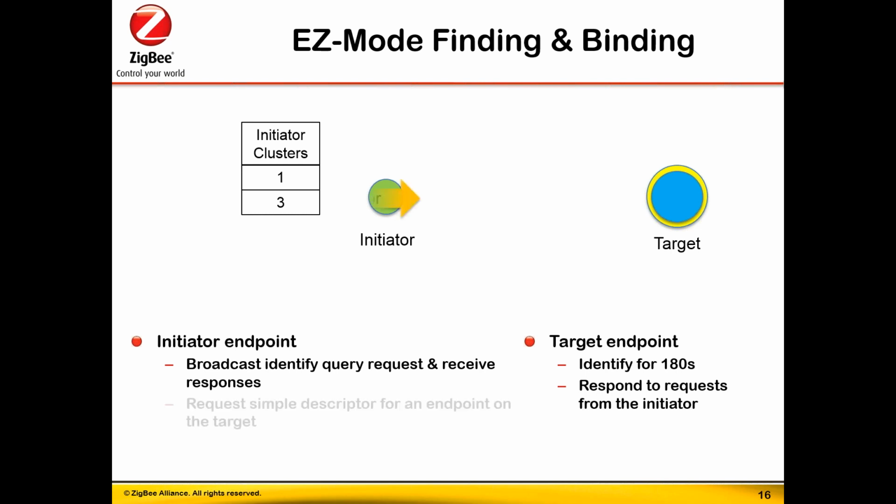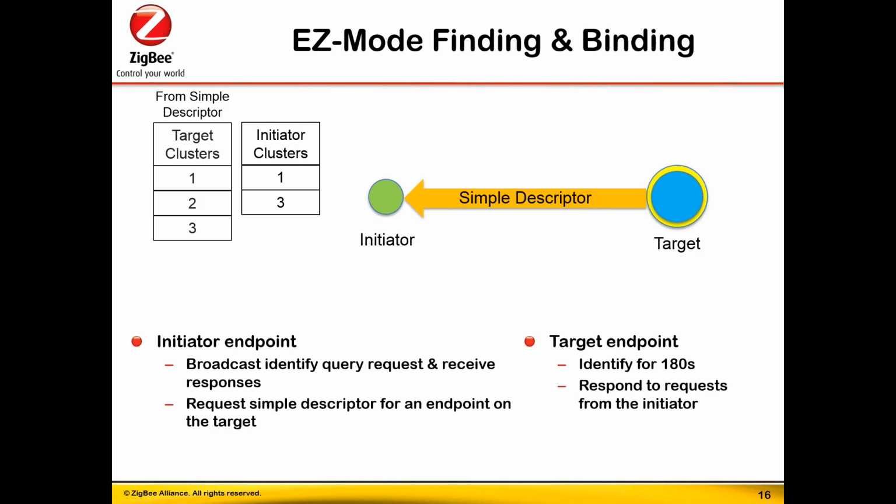So on the next step, the initiator then requests the simple descriptor from the target. And the simple descriptor, which has been around in ZigBee really since it started, contains information about the target. So it contains the clusters that particular target supports, and that's now passed back to the initiator.